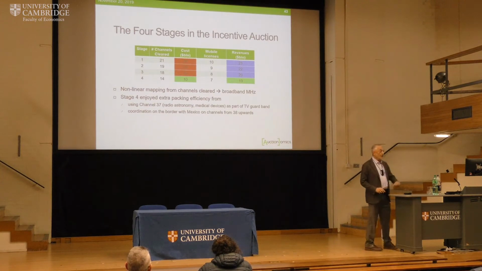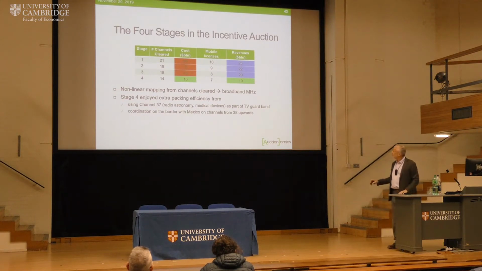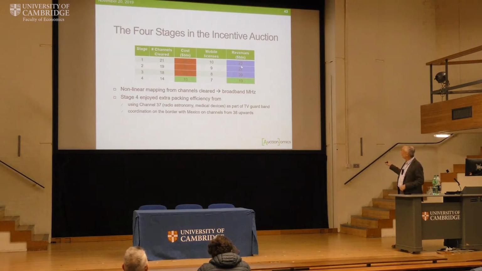And finally, in the fourth round, when we got that big chunk of 4 channels, that marginal 4 channels out of the way, going from 8 licenses to 7, our costs fell from $40 to $10 billion, and the revenues fell from $20 to $19 billion. So we went from having a $20 billion deficit to having a $9 billion surplus.